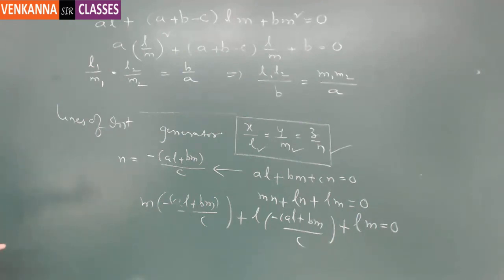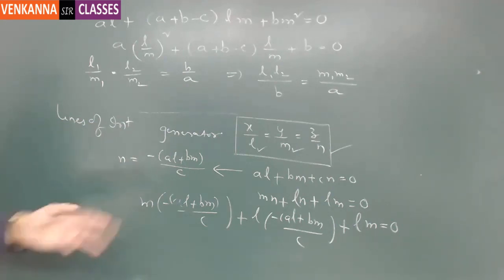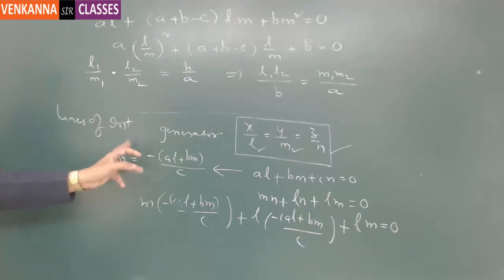Instead of that, if I had eliminated m here, I would get an equation in L and N. Accepted? You can eliminate any parameter in the beginning, right? Here I have done it with n.